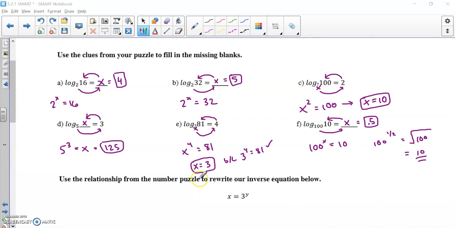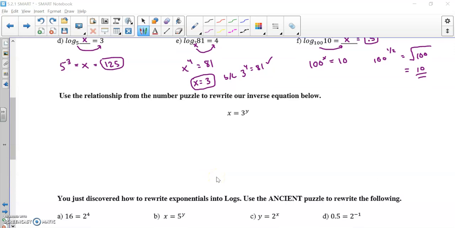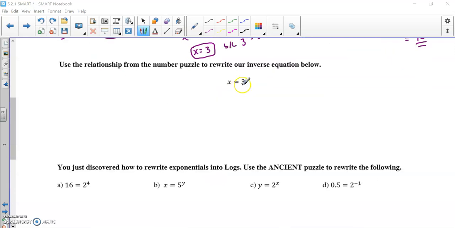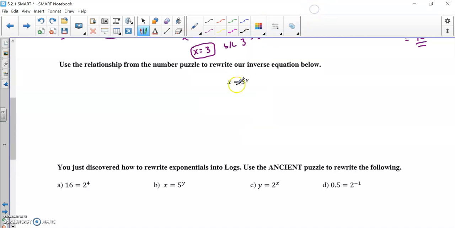All right, next, we now have the information we needed to figure out the inverse equation from the front page, right? We ended up at x equals 3 to the y, and we were like, man, I don't know how to solve this for y. So now we do have the means to do that. So here, all we have to do is convert to log form.